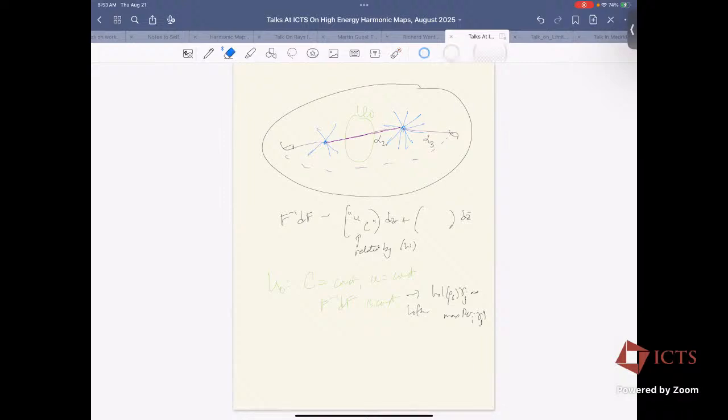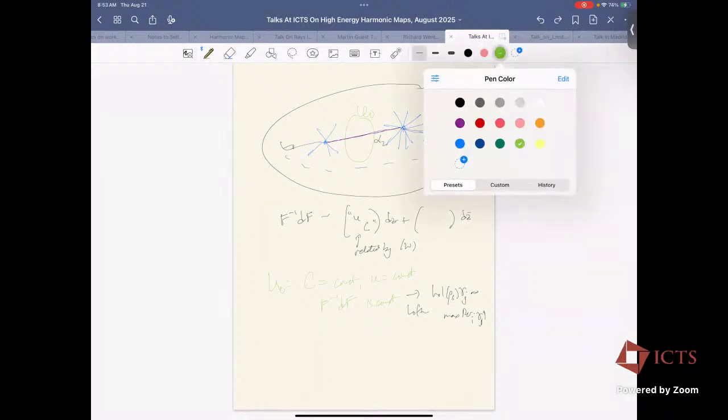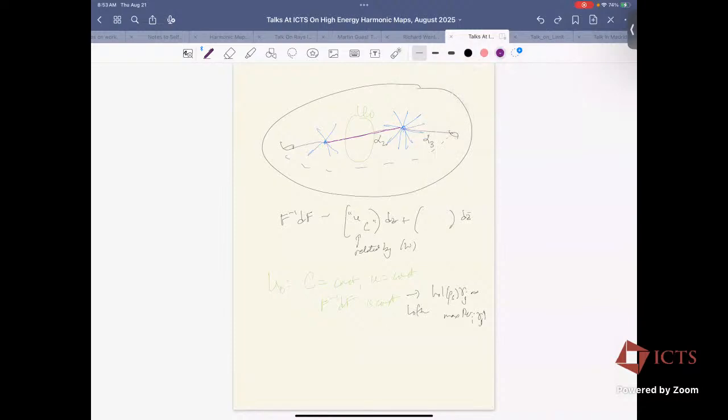Well, I'm going to modify things. Instead of using these particular arcs that I've drawn here, the geodesic, I'm going to make a shortcut. I'm going to come around like this. So my new arc will come here, it'll go here, it'll go there.